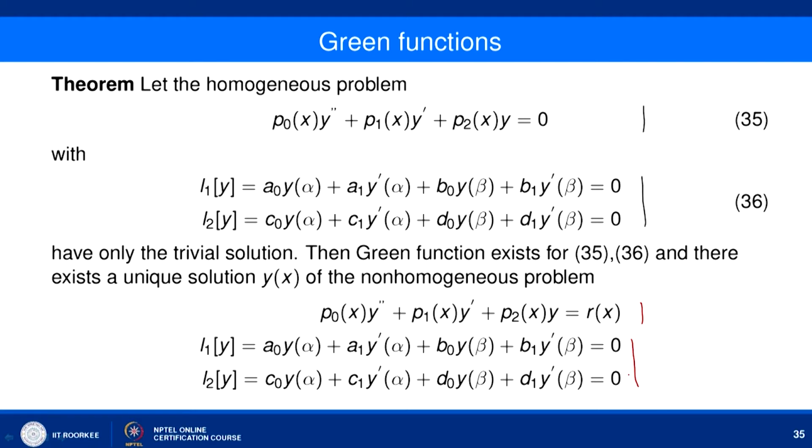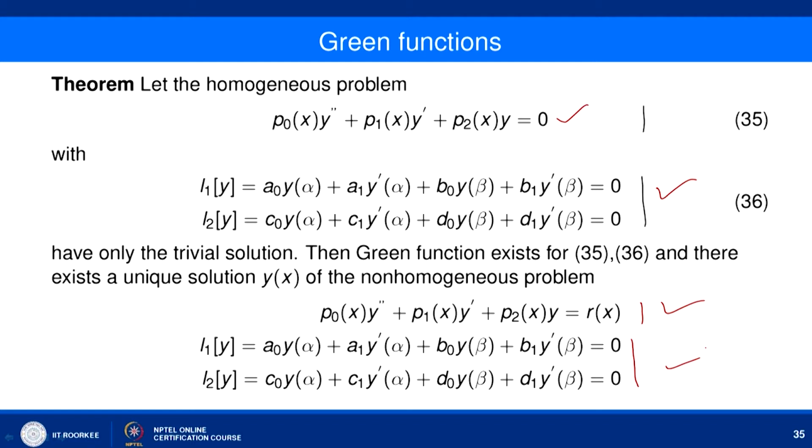So, the idea is that we have a homogeneous equation along with homogeneous boundary conditions, and if this has only the trivial solution then the Green's function exists, and with the help of the Green's function we can find a unique solution of the non-homogeneous problem along with the boundary conditions.